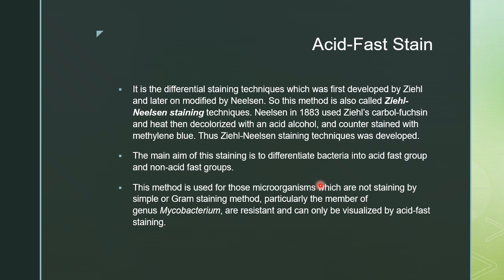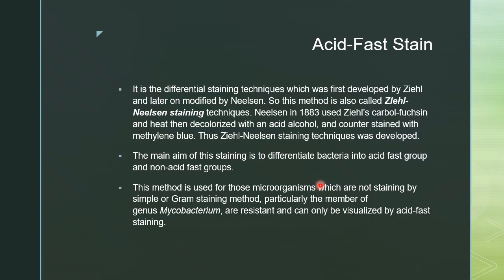Acid fast bacteria are mainly Mycobacterium, especially Mycobacterium leprae, Mycobacterium tuberculosis, and Nocardia. Why do we call them acid fast? Because these bacteria have a special coating called the mycolic acid layer surrounding their cell wall.